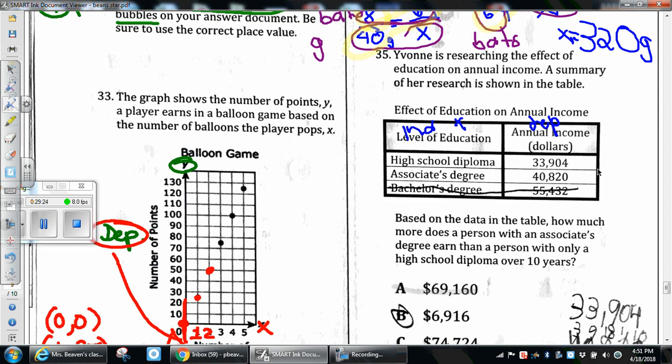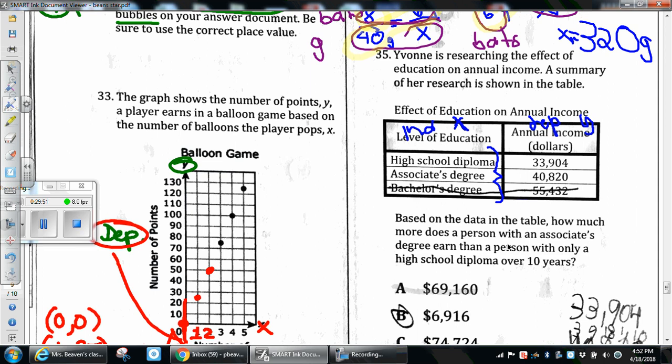It makes sense because your annual income depends on how many years you went to school and if you graduated, of course. And so this will be like your Y, your output. Based on the data in the table, how much more does a person with an associate's degree earn than a person with only a high school diploma?